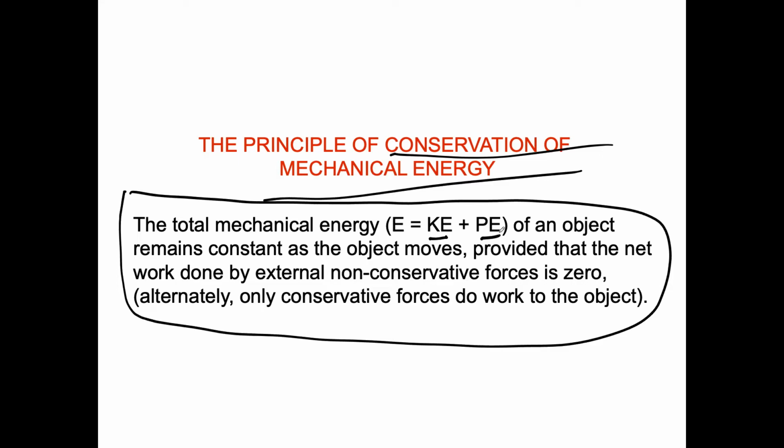The mechanical energy of the object remains constant as the object moves if the net work done by external non-conservative force is 0. Another way to state this: if only conservative force does work on the object, the mechanical energy is conserved.